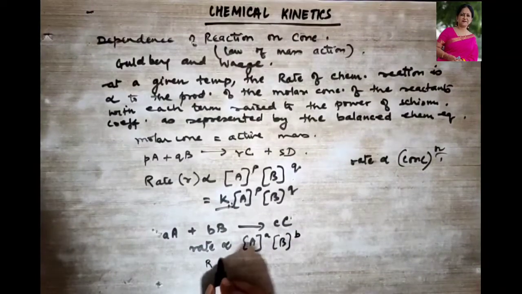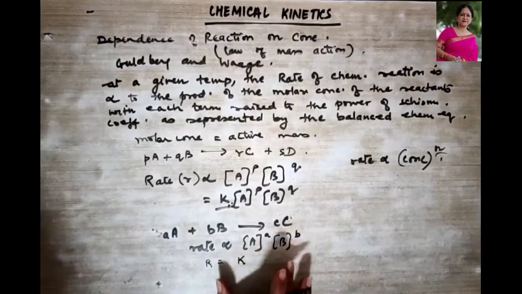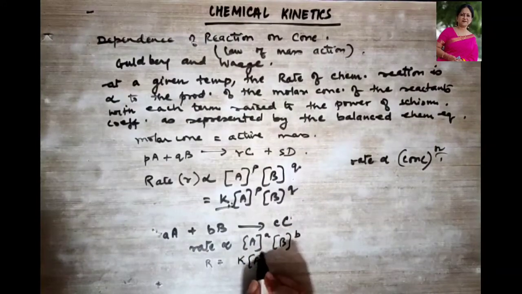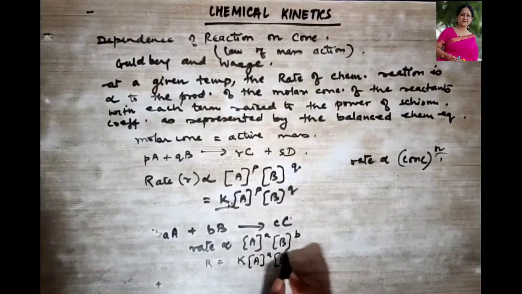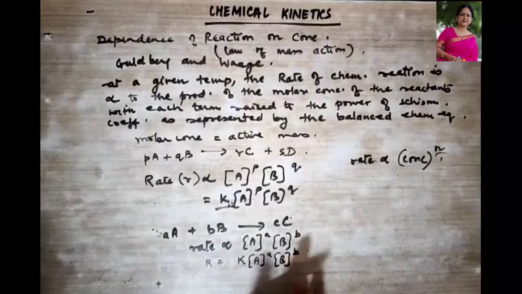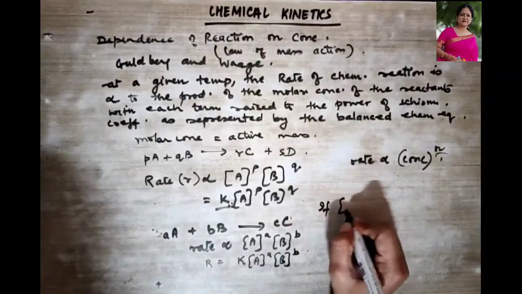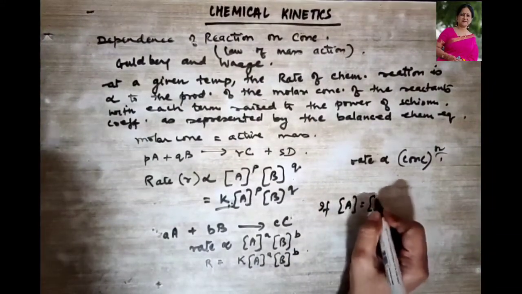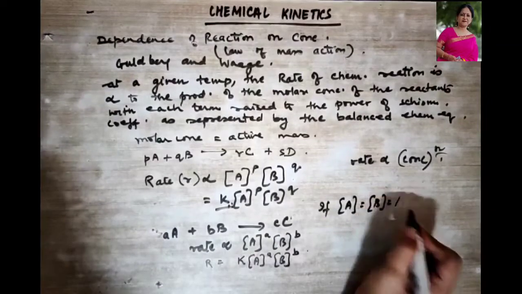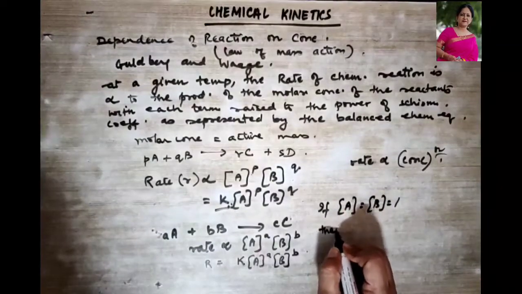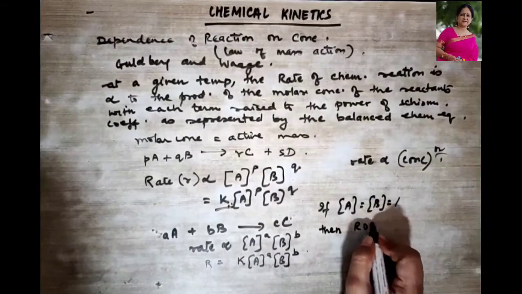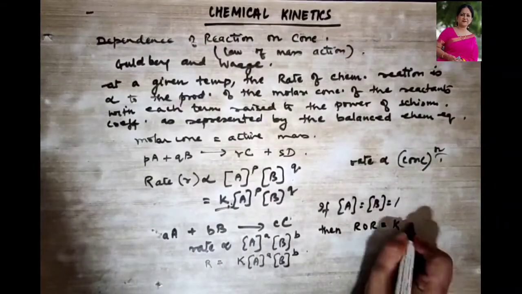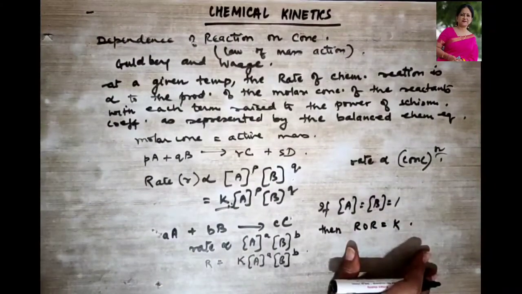So your rate will be equal to the rate constant K times [A] to the power of a, [B] to the power of b. So if a is equal to b is equal to 1, then what do we say over here? That your rate of reaction is equal to the rate constant.